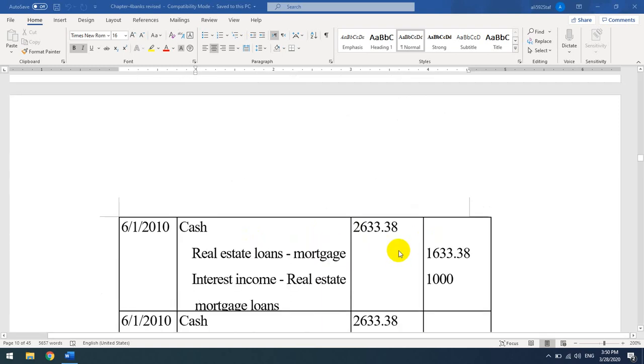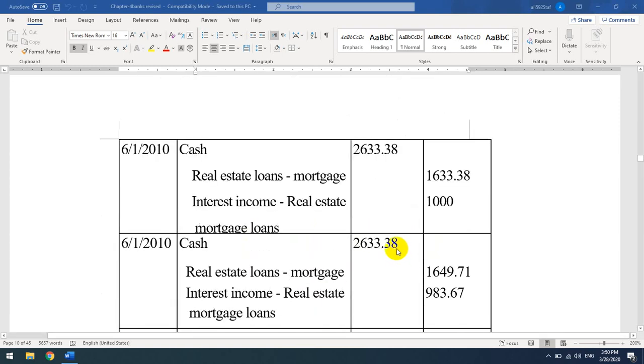This is the issuance of the loan. By the end of each month, we will receive an annuity, equal payments, equal to 2,633.38 Egyptian pounds. Cash will be debited each time with this equal amount.